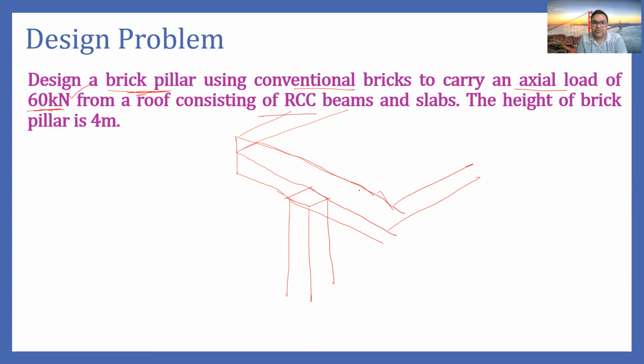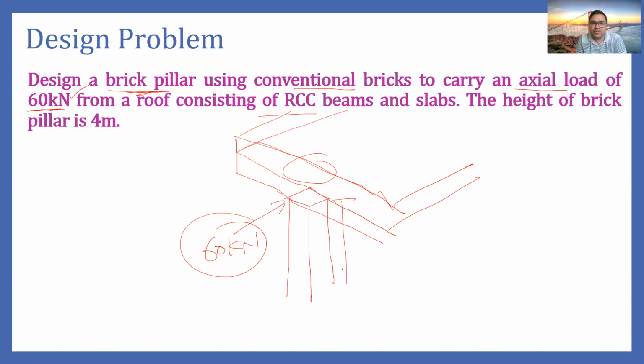So this is the slab which is resting on the beam, and the beam is resting on the column. So the load of slab and beam coming on the column, the load is 60 kilonewton. That is the load which is coming on the column because of the beam and slab.